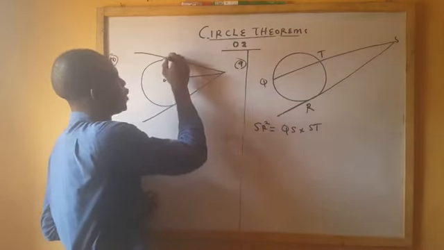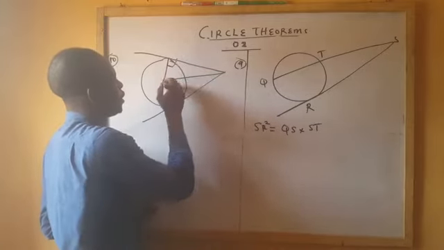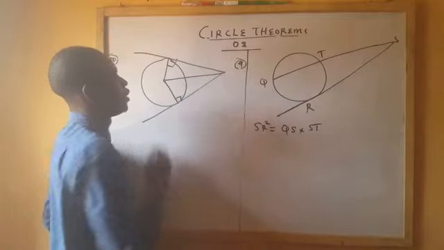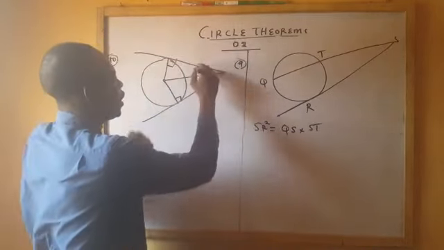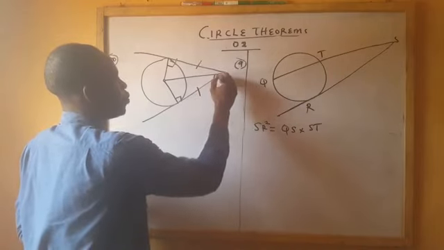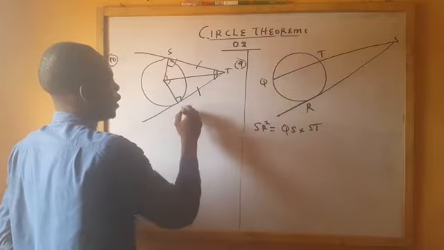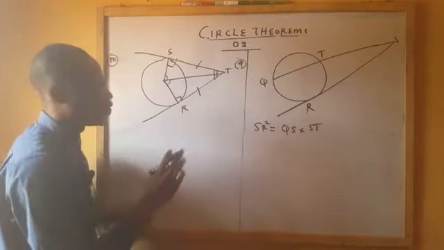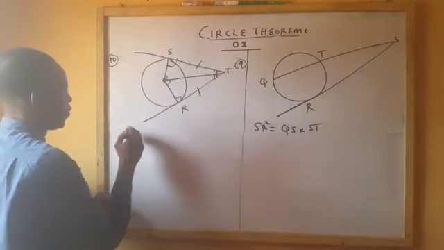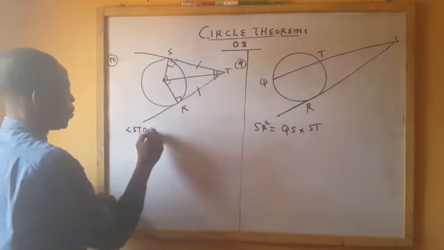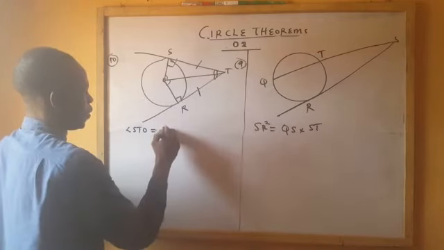Then of course, don't forget theorem 6. When you have a radius and a tangent, the angle there is 90. Same here too, 90. So when you have something like this, where the two tangents meet at a point, the length of the tangents will be the same, their angles will be the same, all through. So if I call this S, T, and R, I can make an assumption here that angle STO, this is center O, would be equal to angle RTO.